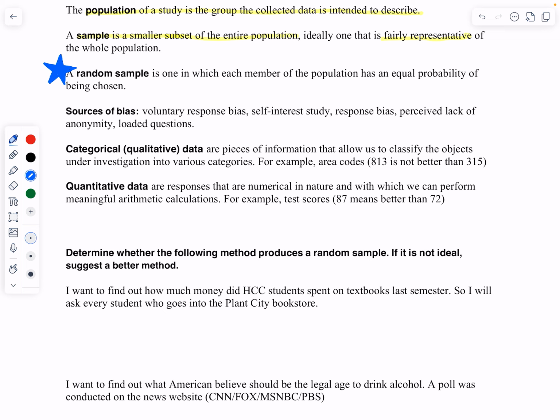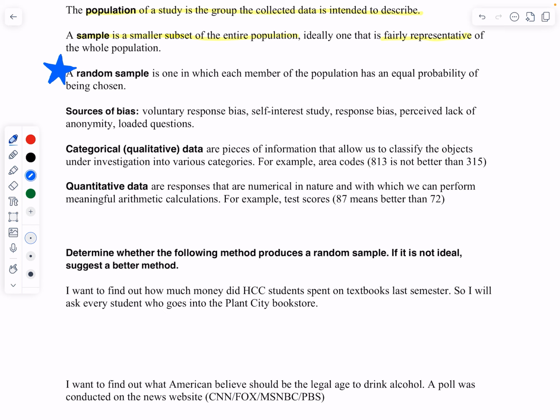Categorical data are pieces of information that allow us to classify the objects under investigation into various categories. So maybe we're interested in doing a study for the hospital and we want to know how many people have lung problems from smoking. So maybe we're going to organize them qualitatively, like by age, for instance.